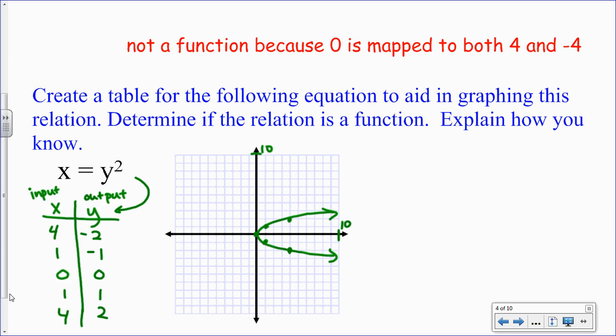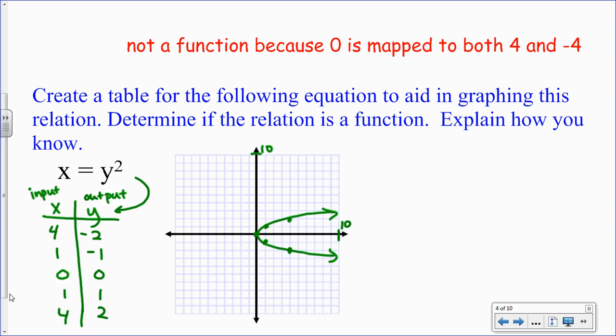So look at your table. Remember, read it input, output. So we're looking at the X column. Do I have repeated input? Yeah. So 4 and 4 repeat. Does it give you different outputs? Yes. So is this a function?